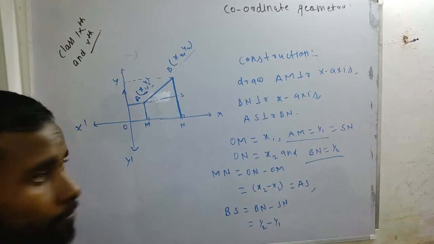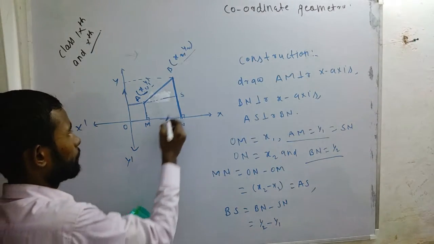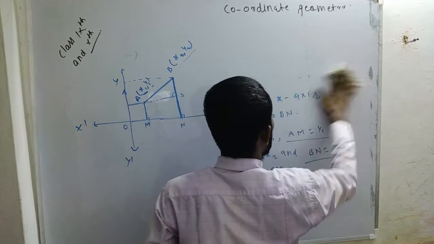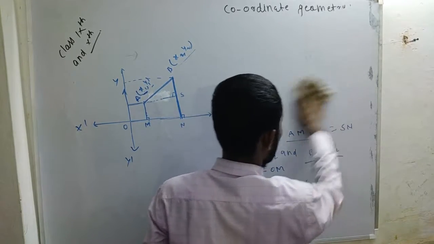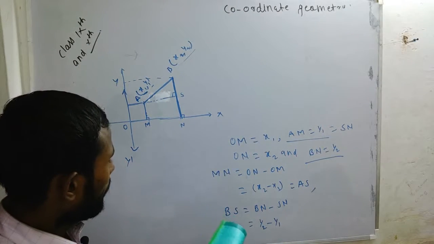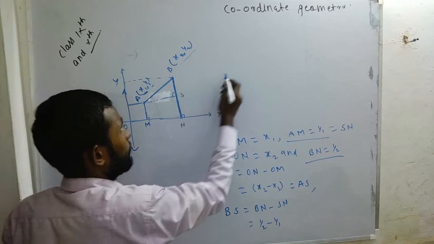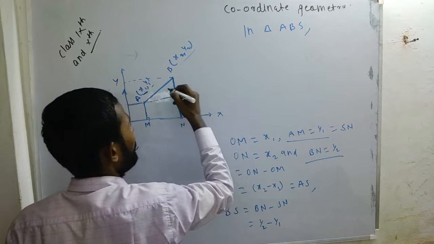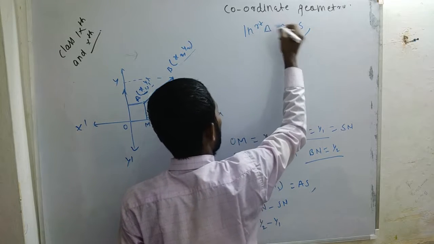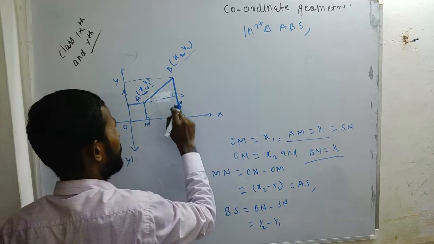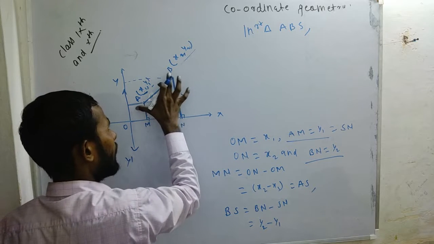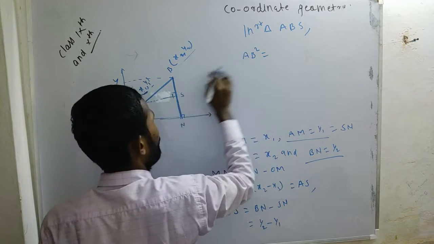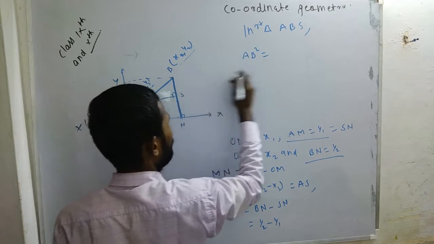In right angle triangle ABS, angle S is 90 degrees, so AB square is equal to AS square plus BS square.